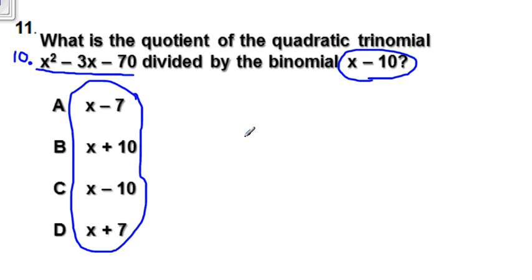So for instance, if I went to try answer A, I'll just go ahead and multiply these together using a box method, set up a little box.